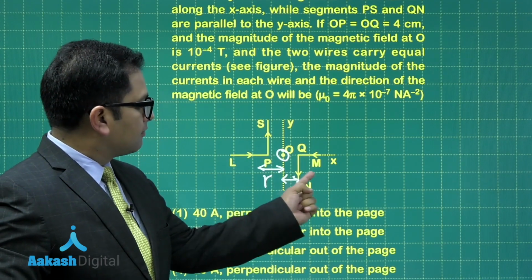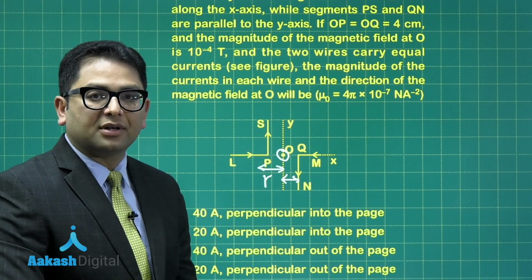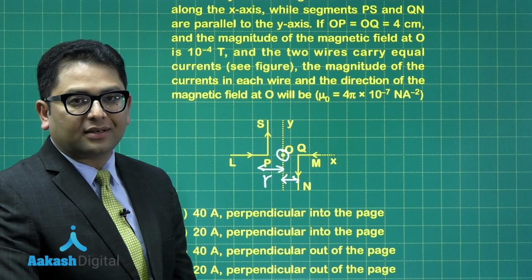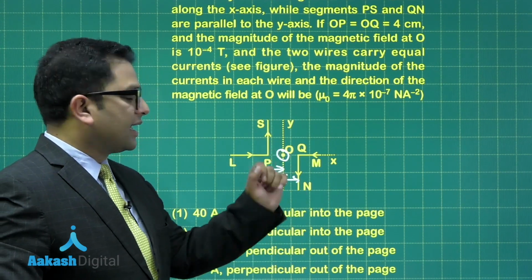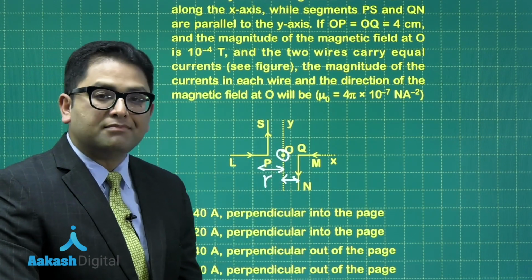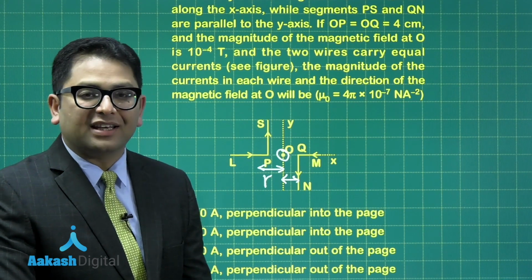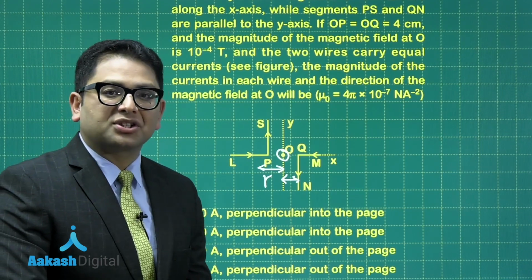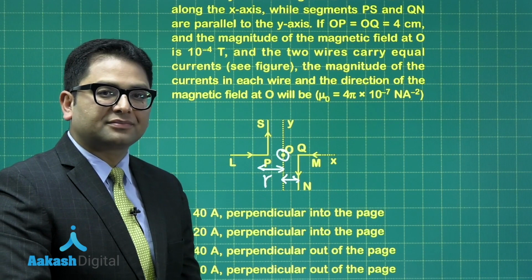Assuming current in both the wires to be the same, we are supposed to calculate the direction of magnetic field at O and the magnitude of the current carried by each wire.